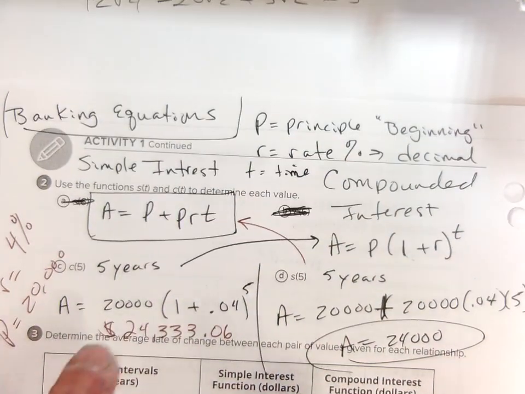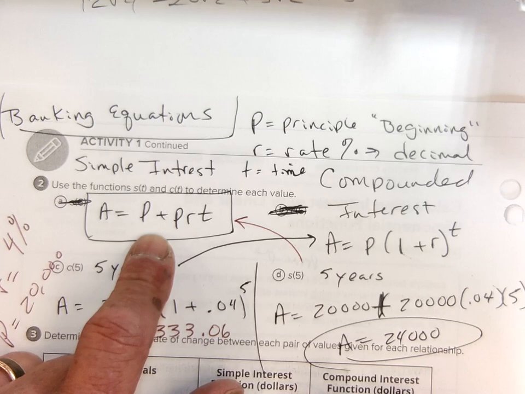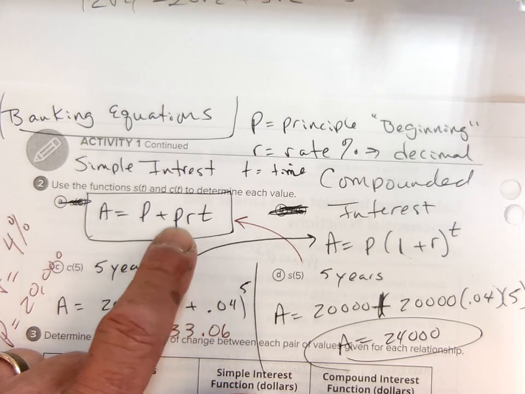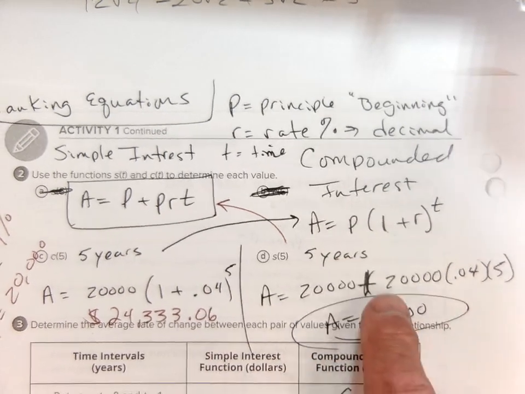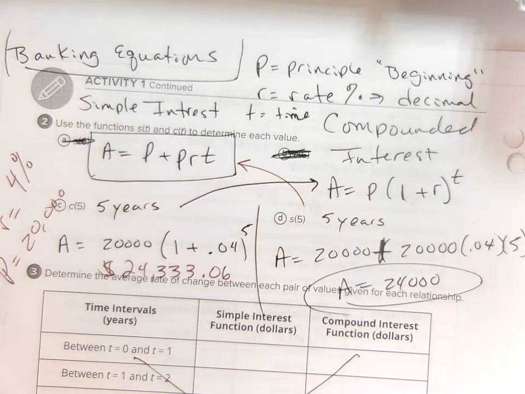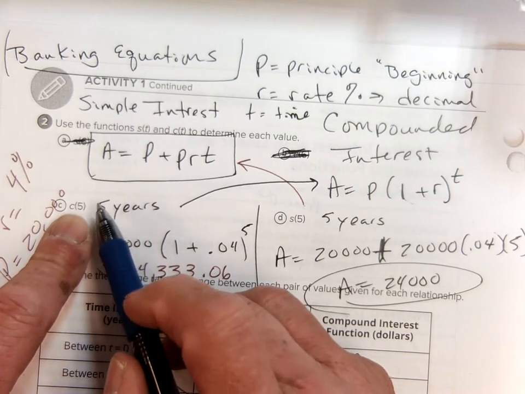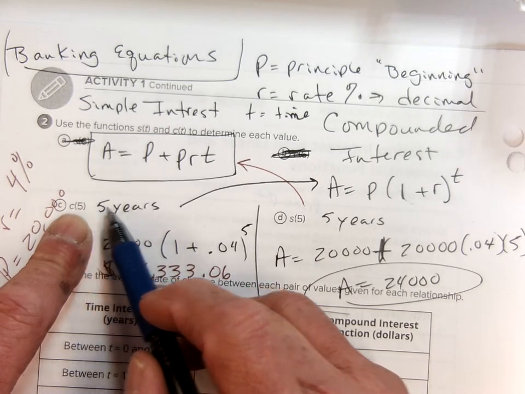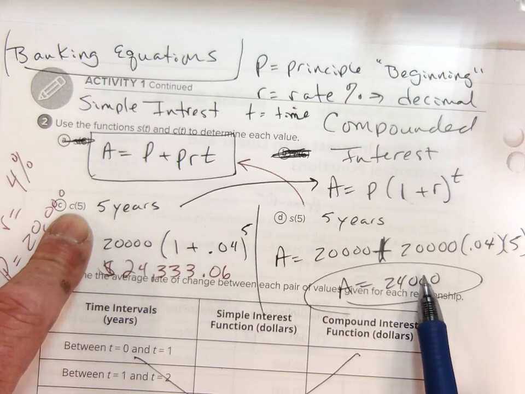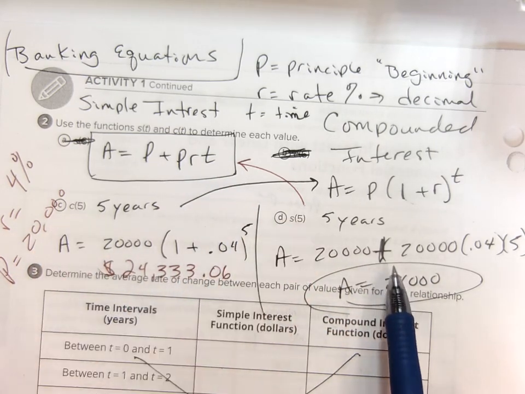So then we turn the page and I give the equations again. Okay, if it is simple interest, it's A equals P plus PRT, and if it's compounded, it's A equals P times 1 plus R to the T power. So we did it. They want T of 5, and so we plugged 5 into this equation, okay? 5 into this equation, then we plugged 5 into this equation, so I did both.